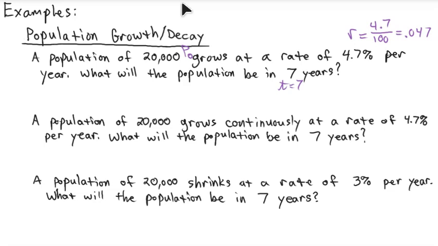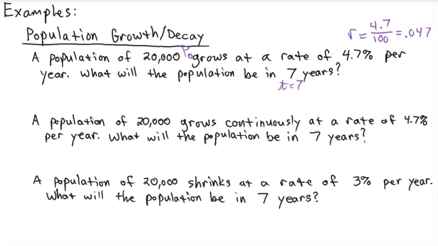We do not see the word continuously anywhere, right? So since the word continuously is not present, this must be the discrete growth formula.